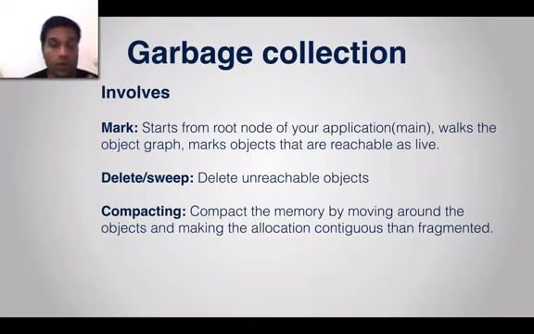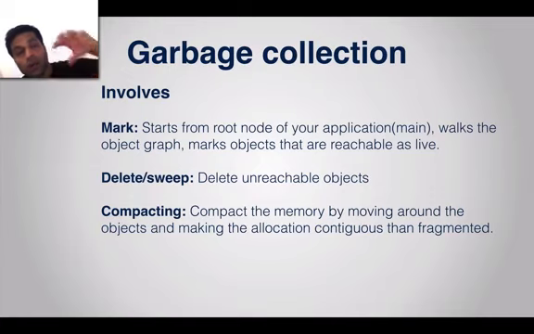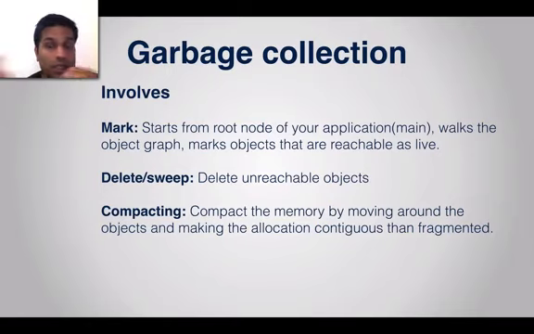That is the root node. From that root node you have references to some other objects, and all of them refer to something else. So it's like a big graph in memory. The garbage collector walks that graph, visits each node, and marks whichever object is reachable as reachable, and whichever object is not reachable, it just leaves alone and moves forward.